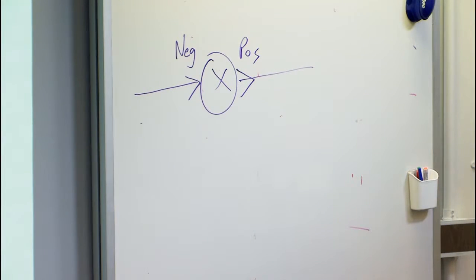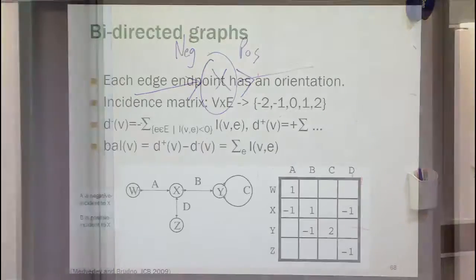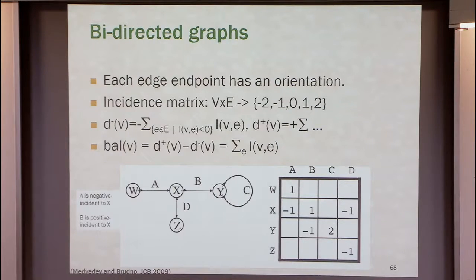Now each endpoint has this orientation, and the incidence matrix has integer values from -2 to 2 for each edge. If it has 2 negative endpoints, it is -2. If it has 2 positive, it is 2, and it can be anything in between.